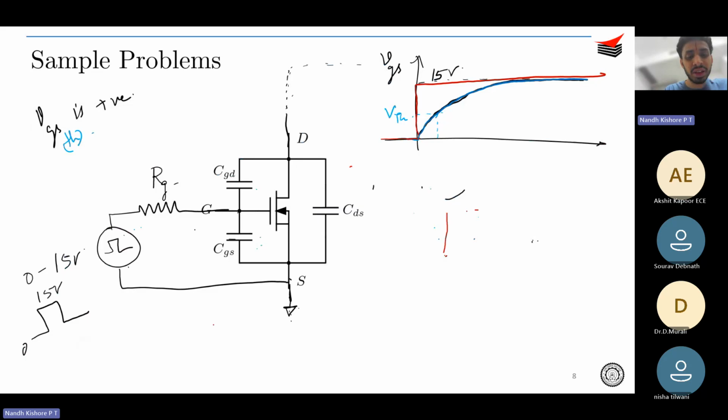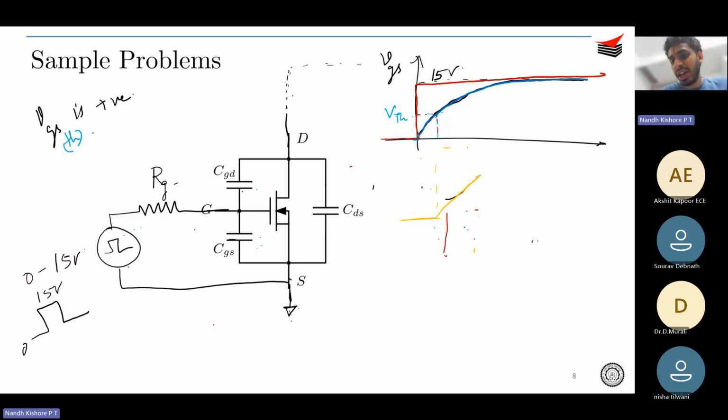Because it's an RC charging circuit, CGS cannot increase to 15 immediately, so it increases gradually or slowly, right? So we understand that it takes a finite amount of time to hit V threshold, and only after that your channel will start conducting. Okay, and only after this point you will see that the current through the MOSFET will rise.